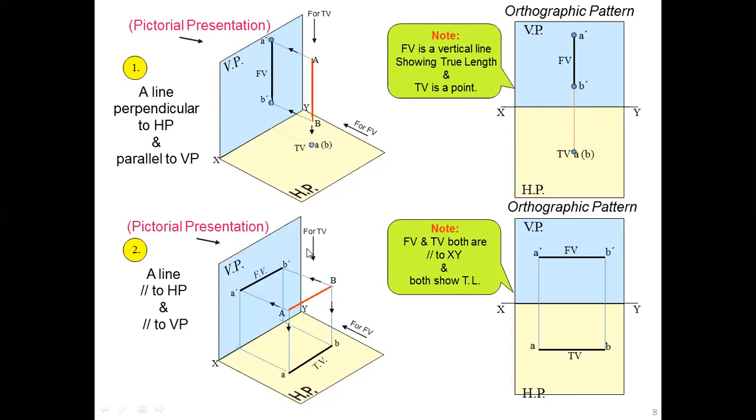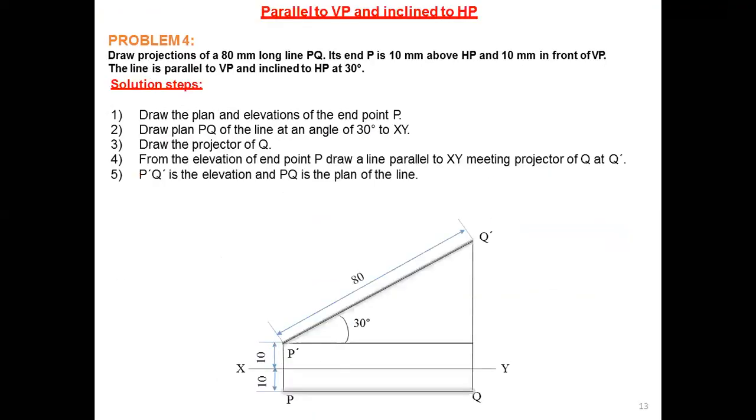Like this. Now what happens? The line is inclined to HP, parallel to VP. Now slowly see the cursor. I will lift like this, then like this. First I will take it away from HP, then I will take it away from VP. Which means it is inclined to both the planes.